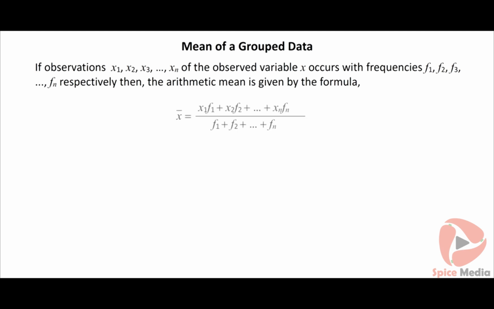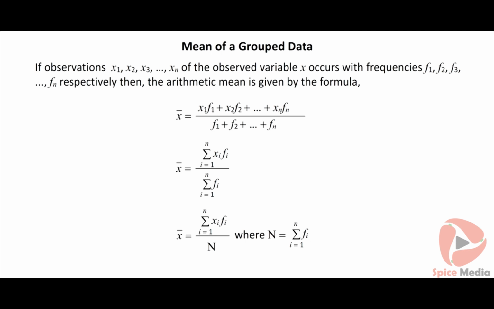If observations denoted by x1, x2, x3 and so on, xn of the observed variable x occurs with the frequencies f1, f2, f3 and so on, fn respectively, then the arithmetic mean is given by the formula x bar is equal to x1 f1 plus x2 f2 and so on plus xn fn divided by f1 plus f2 plus fn.